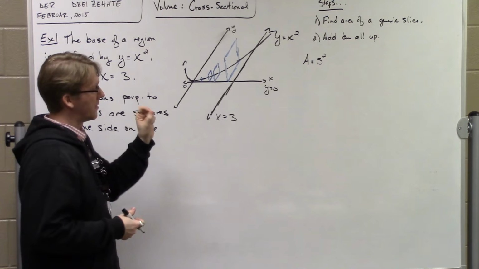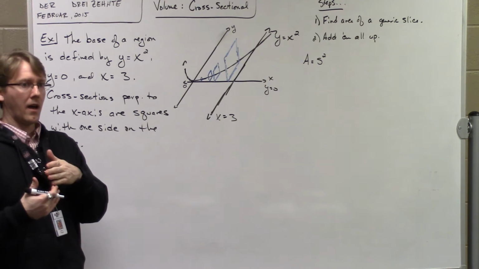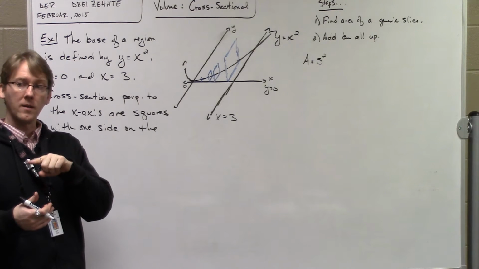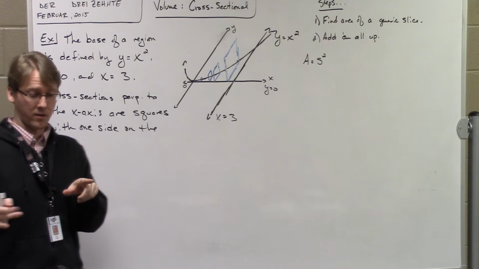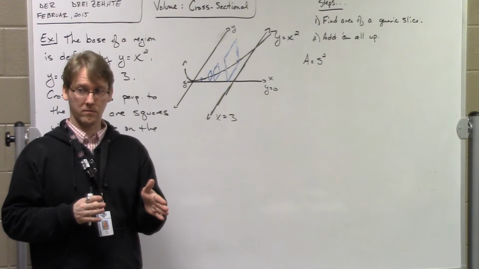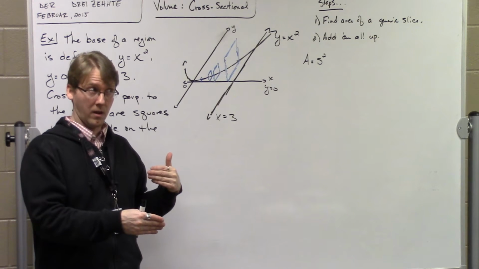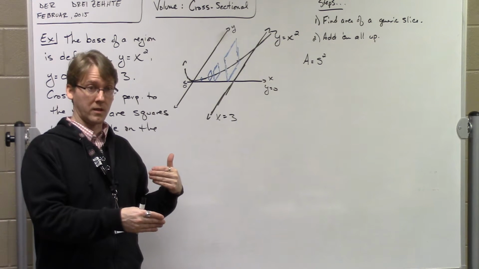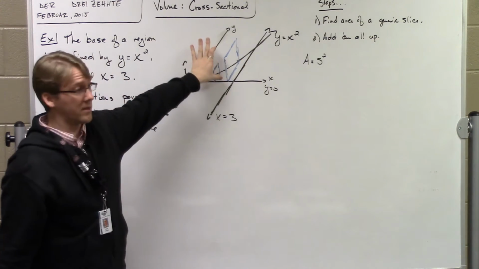Now, what determines how big the square is? It's y, but we don't know the y value unless we get to the x value first. So I'm going to go to an x value, and from that x value, find out the y value, and that would tell me what the length is, which would therefore be the same as the height.